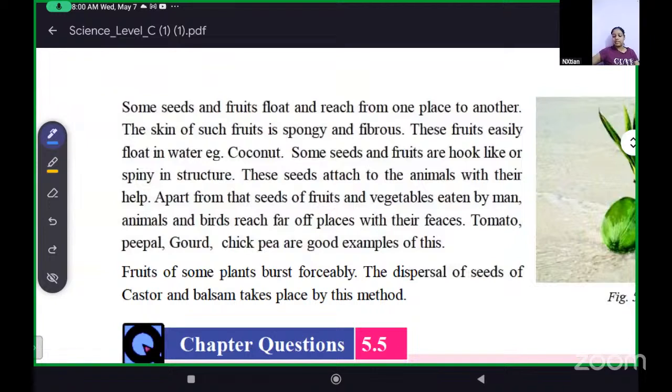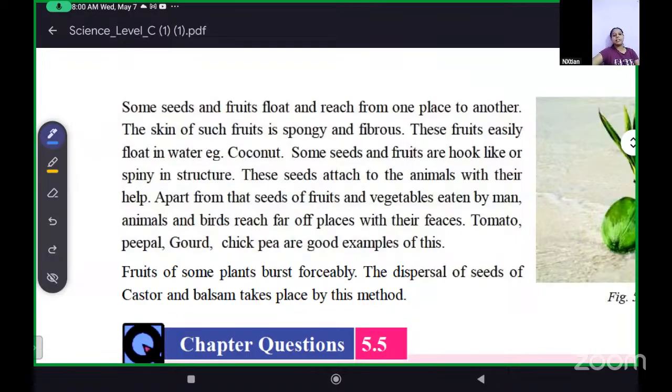Apart from that, seeds of fruits and vegetables eaten by man, animals, and birds reach far off places with their feces. Tomato, pumpkin, gourds, chickpea are good examples of this. Sometimes we eat some vegetables directly without taking out their seeds.